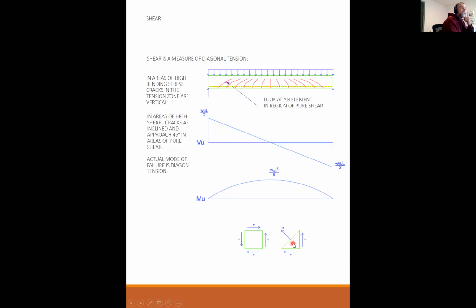And that tension in the material is at a maximum at a 45-degree angle with no applied moment. So if the tension is trying to pull the concrete this way, then it's going to crack this way because it's stretching the concrete apart in tension. Okay, does that make any sense?